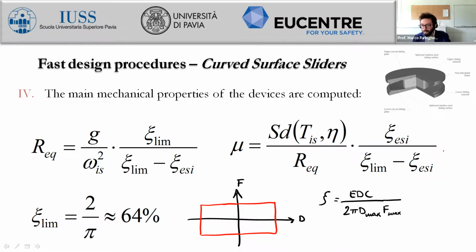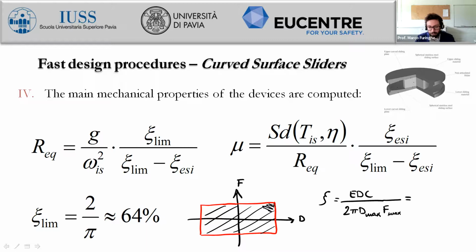And if we have to provide an expression for the energy dissipated per cycle for this behavior, we should find the entire area of this rectangle, and this rectangle is exactly equal to 4 times d max and F max.